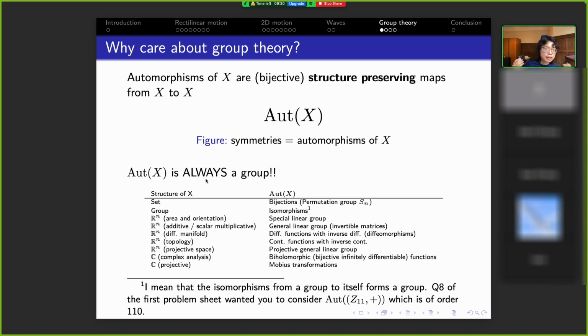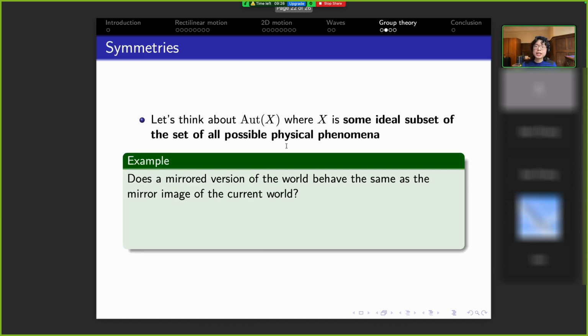So how does this have anything to do with physics? The idea is that let's think about the automorphisms of some ideal subset of the set of all physical phenomena. This is some physical phenomenon, and we want to think about how we can change the world so that it is still a possible physical phenomenon.